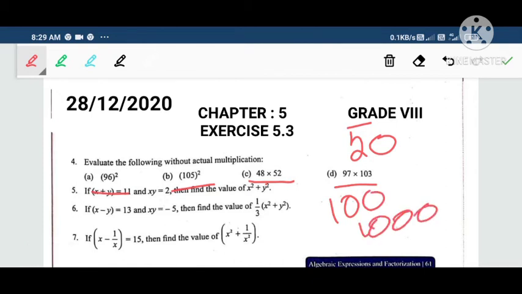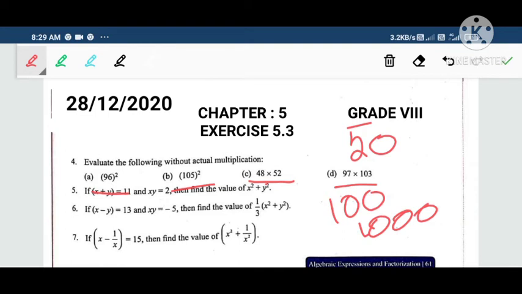So you need to compare whether the given value is less than this round number or greater than the round number. Less than means, however much it's less, you need to subtract, and greater than means, however much it's greater, you need to add to this round number. So convert these numbers into the round number, and apply the identities: (a plus b) whole square, (a minus b) whole square, a square minus b square.